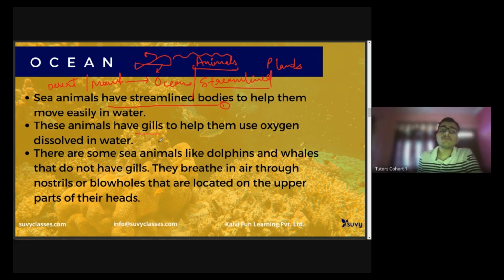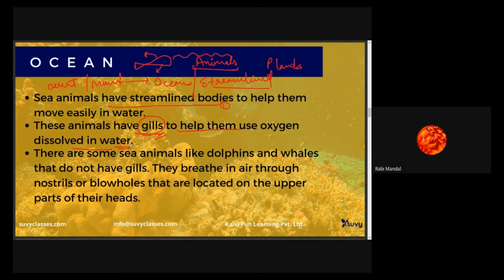They do so with the help of gills. Their breathing organ is gills. This helps them to use oxygen dissolved in water. Like we use oxygen in the air around us, fishes use oxygen that is dissolved in the water around them. Did you know this fact? Did you know about the gills? Yes, very good.